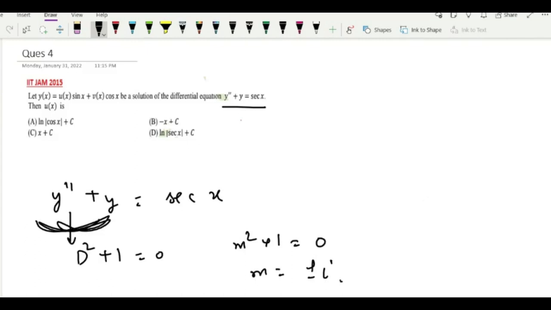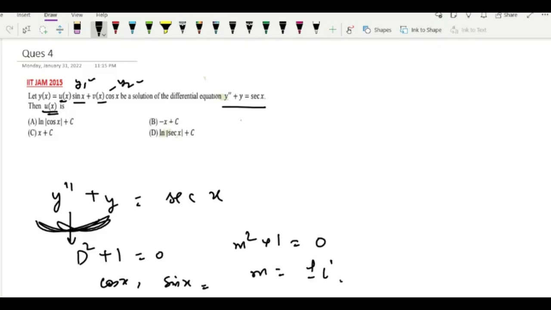So we get an idea of the two independent solutions, cos x and sin x, and they have also taken sin x and cos x. So we consider sin x as y1 and cos x as y2, and this will become the method of variation of parameters. y(x) is equal to u(x) into y1 plus v(x) into y2, and they have only asked about u(x).